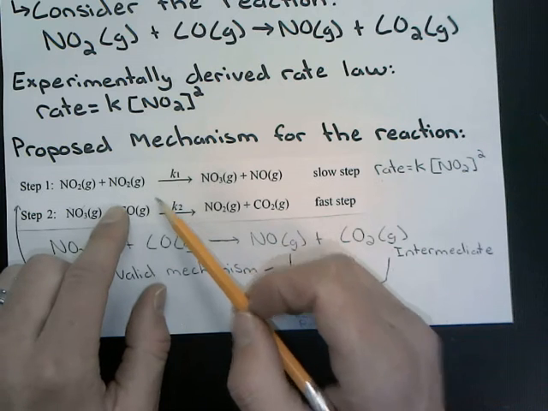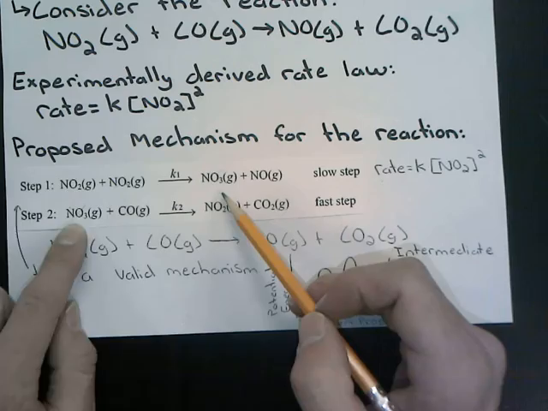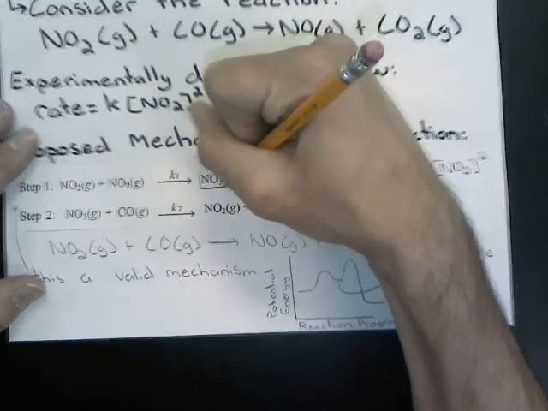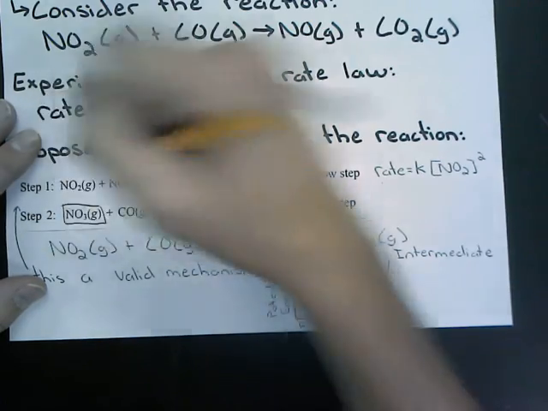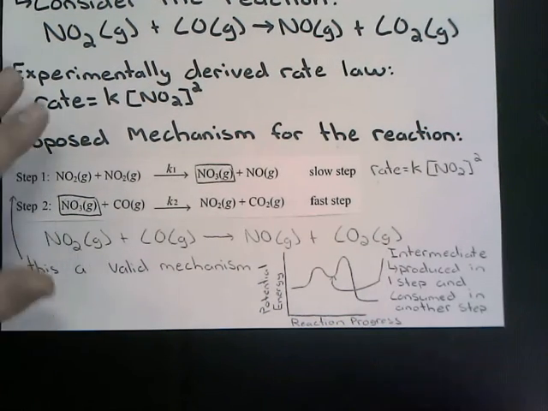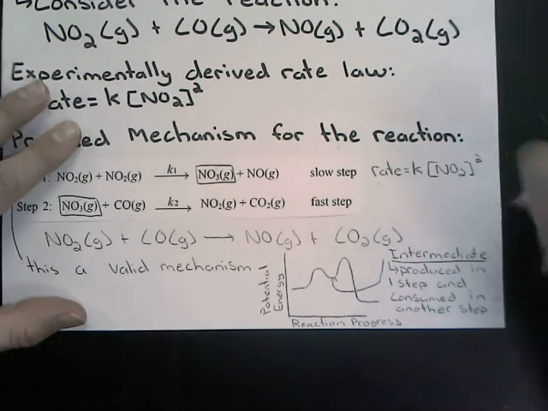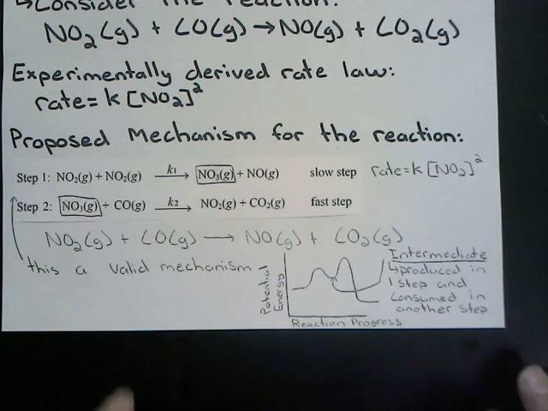Look how in this reaction it produces NO3, and then in the next reaction it is used up. So I'm going to box this up and say NO3 is our intermediate. Again, the definition of an intermediate is a substance produced in one step and used in the following step.